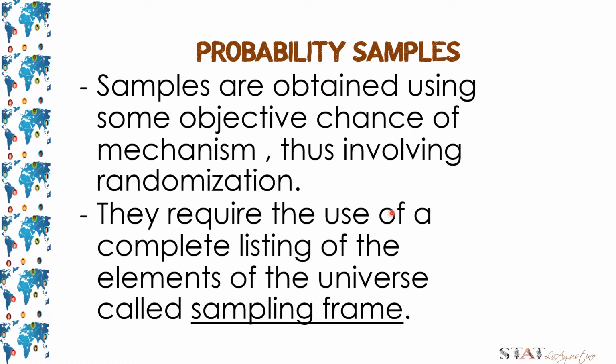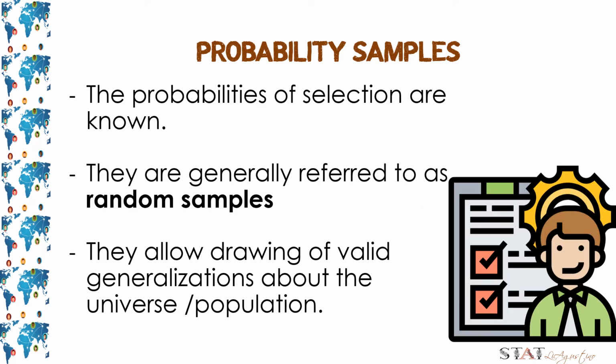So in other words, everyone has a chance to be selected, and the probabilities of selection are known. For example, I will only choose 3 students out of 10. If I'm one of them, I will have a chance of 3 over 10 of being selected. So they will have equal probabilities to be selected.